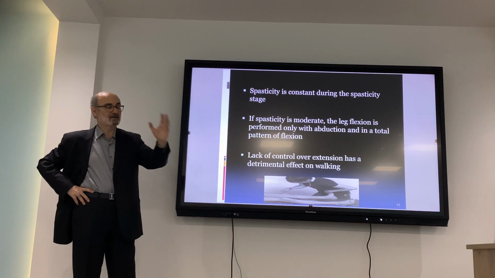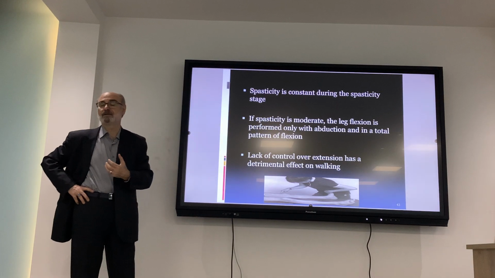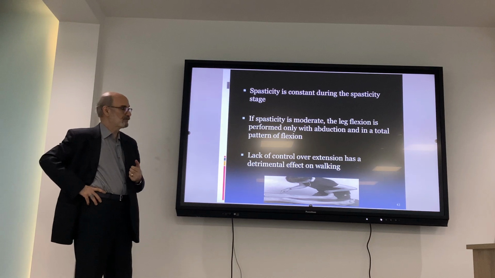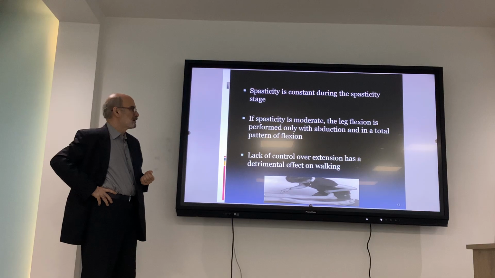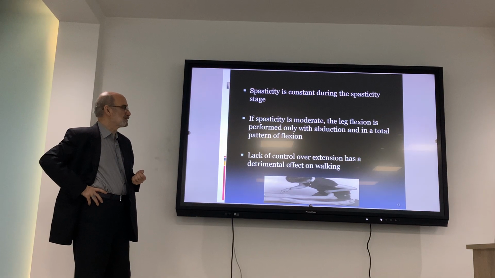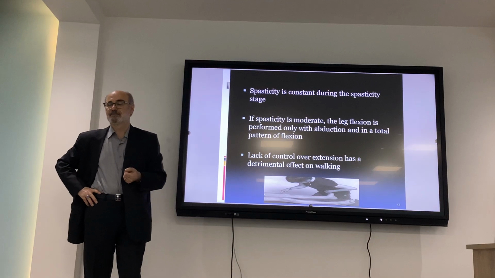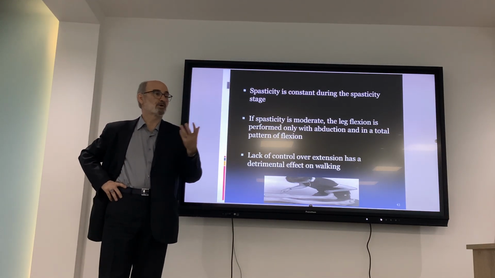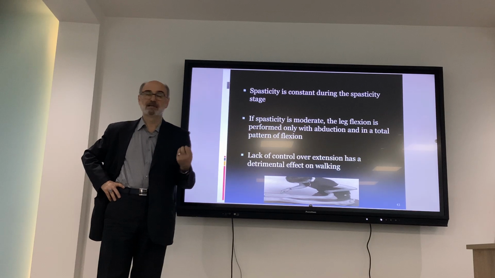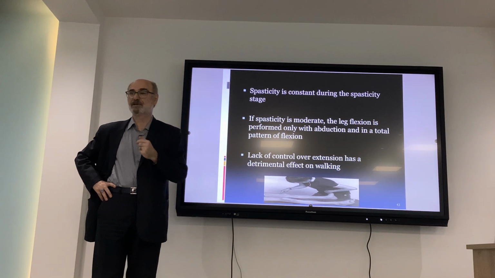For example, in the upper limb, elbow extension, and in the lower limb, knee flexion. In the lower limb, when you ask the patient to perform, for example, knee flexion or ankle dorsiflexion, they show the synergy in the direction of flexion.